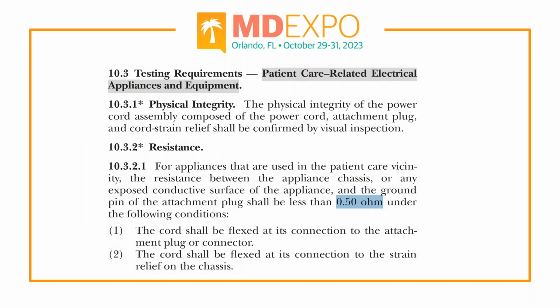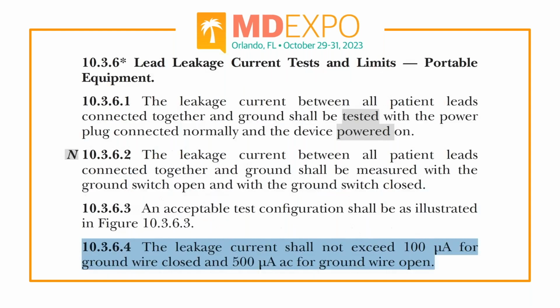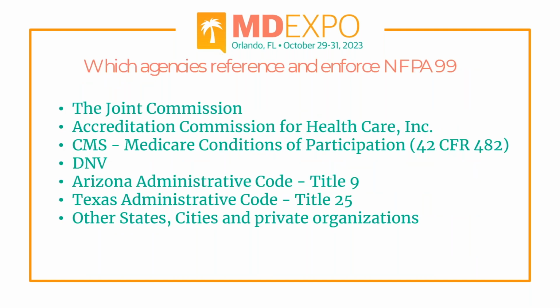Those are spelled out here for patient care related electrical appliances, talking about physical integrity, resistance, and all that. You can look through that. It also talks about leakage currents, and those are listed in the standard as well. So these are the agencies that reference and enforce the NFPA 99.